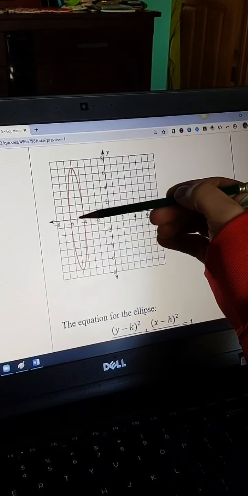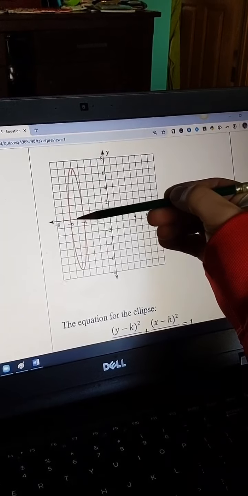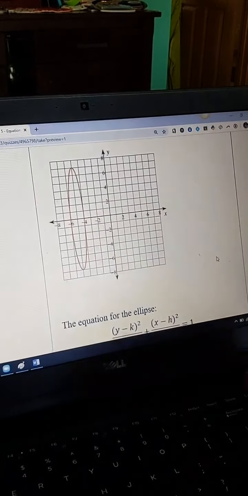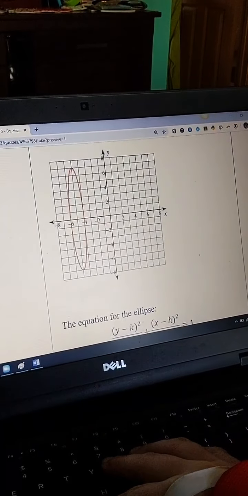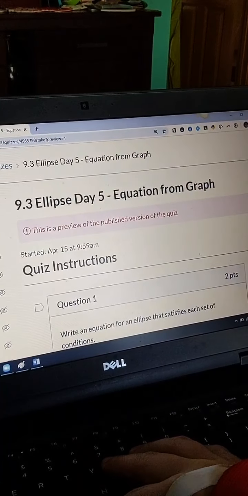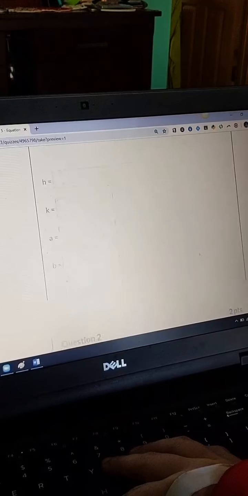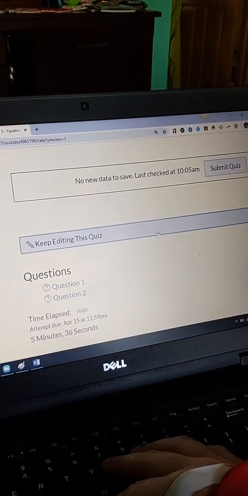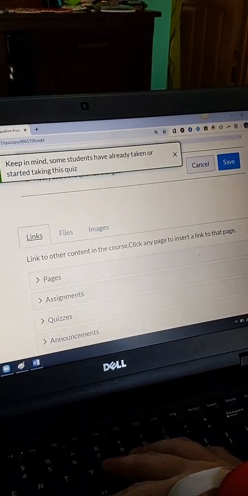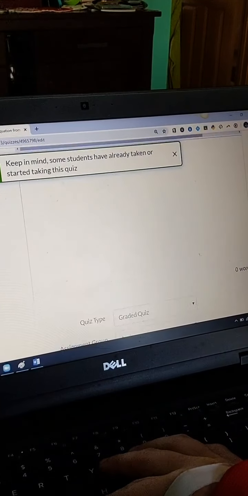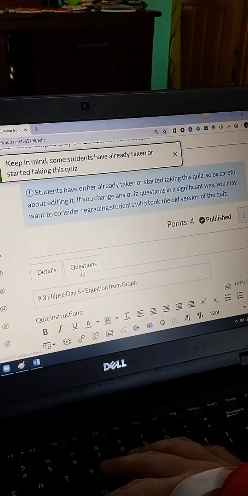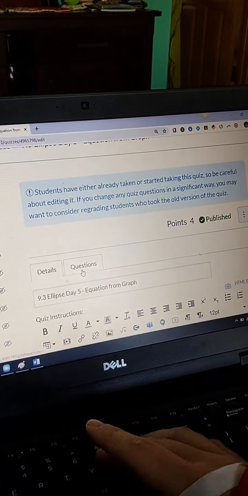And then B is the horizontal distance from the center. The horizontal distance from the center is just 1. So B would be 1. Double check that real quick. The big thing that a lot of people were making a mistake on yesterday was just mixing up the vertical and horizontal distance. It's not the distance from the vertex or co-vertex for A or B. They can be changed.